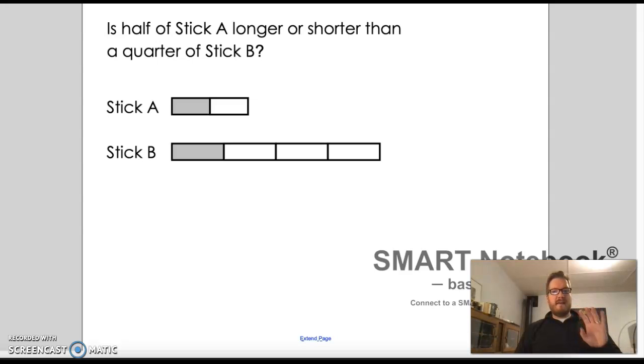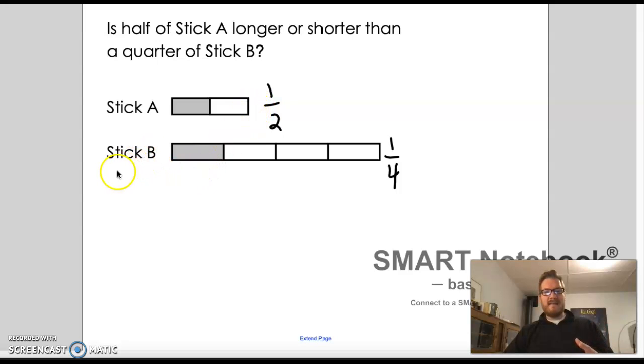This looks at different wholes. So what we see is this one represents 1/2, and this one represents 1/4, but they're different overall wholes. So just because this is 1/2, it's actually still less than 1/4 because the wholes are different. These two fraction strips are different.